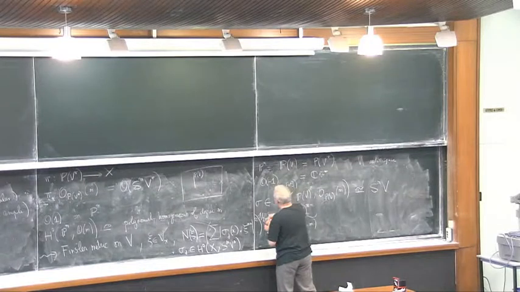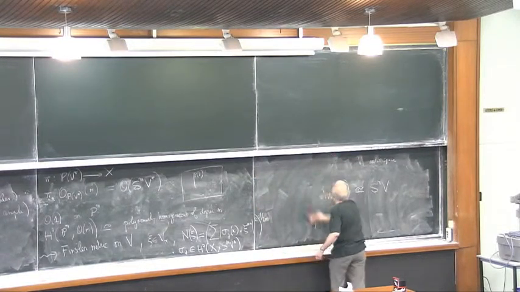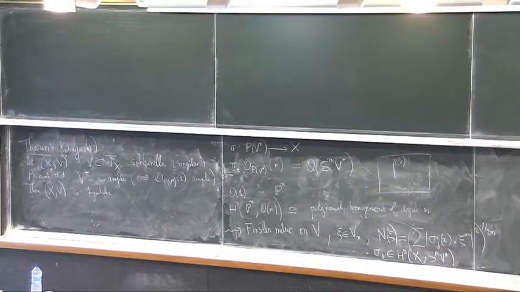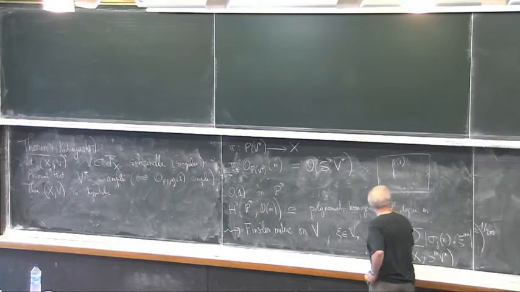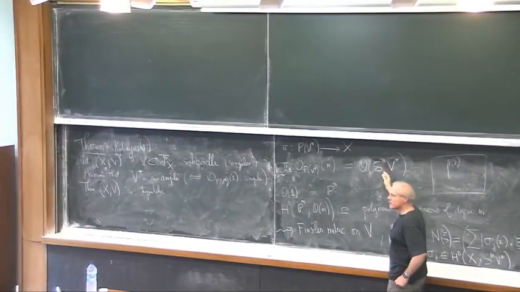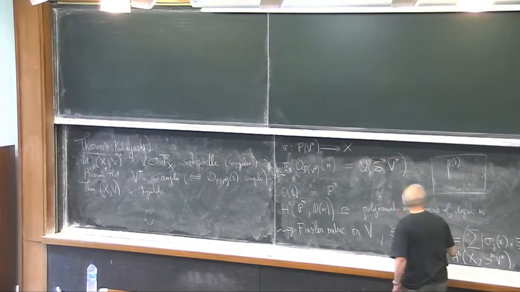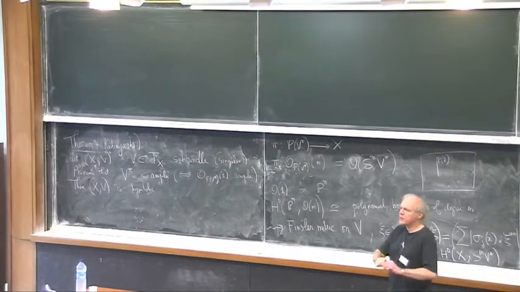But now, because you have a lot of sections, they generate jets, they produce an embedding, and therefore this thing is strictly plurisubharmonic on V, except maybe along the zero section.